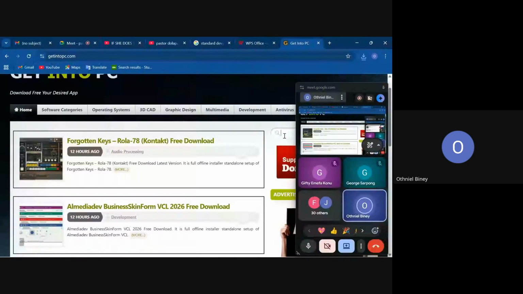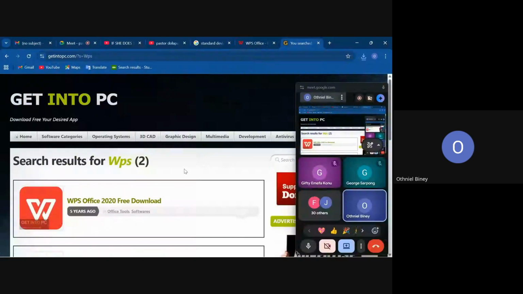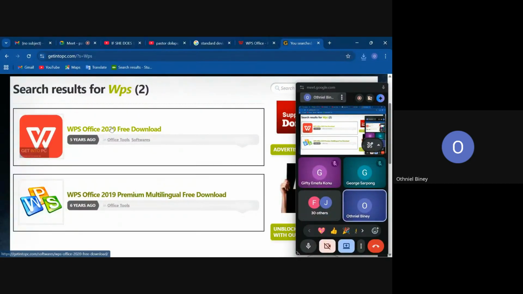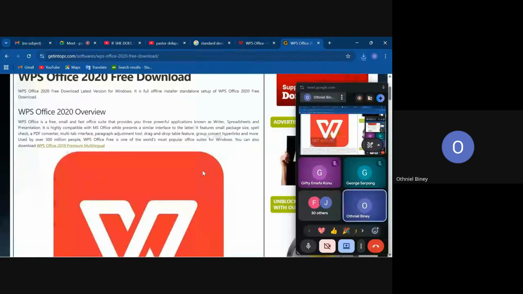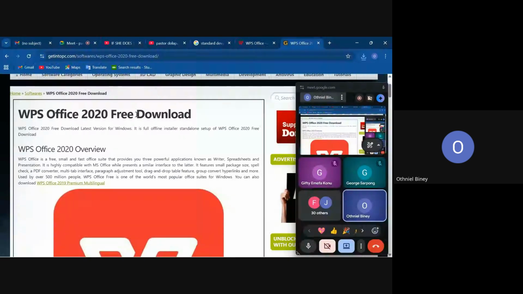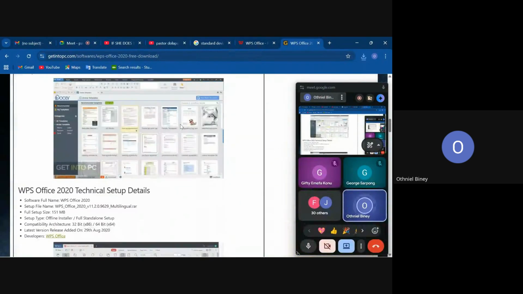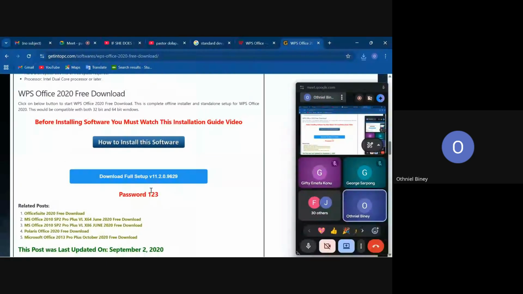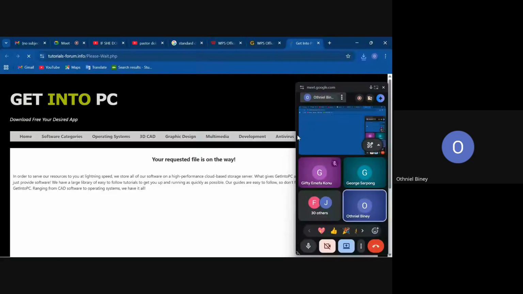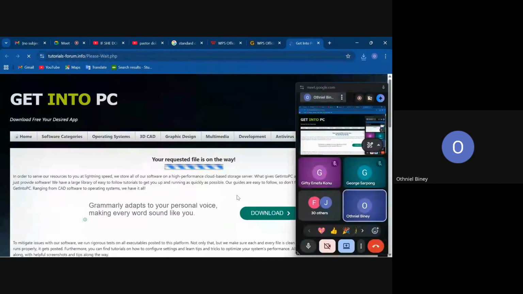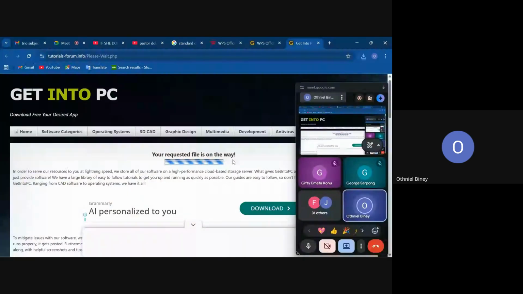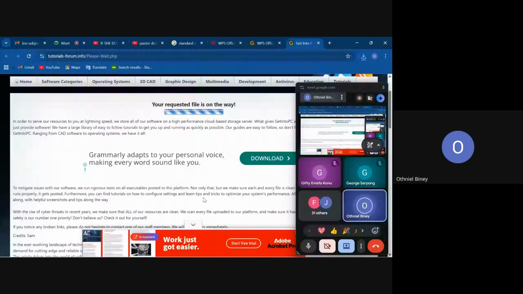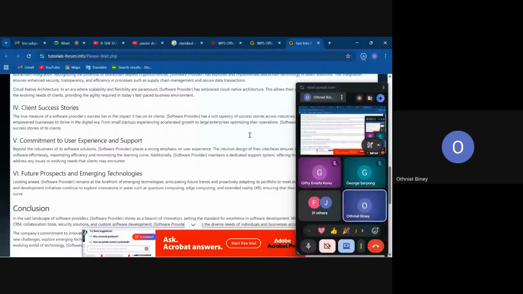I'm trying to get the WPS. Because of what we are coming to do for the next one, I'm just trying to get it so that I can write and put it that way.